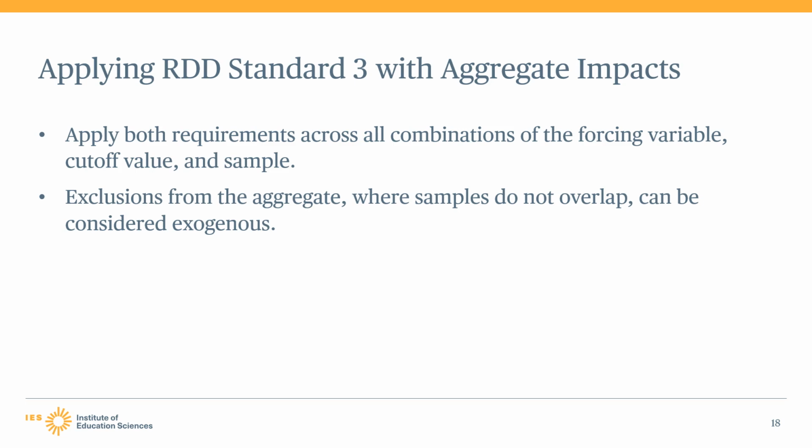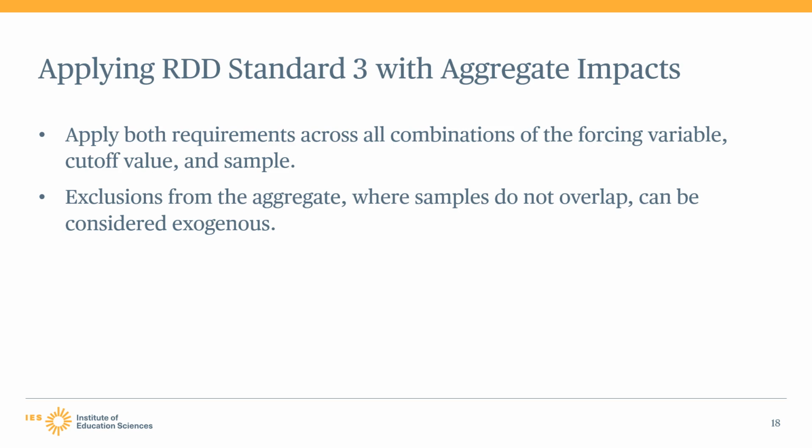And when assessing RDD Criterion 3B for aggregate impact findings, the requirements for this criterion must again be applied cumulatively across all combinations of forcing variables, cutoffs, and samples. Namely, at least 95% of estimated impacts at values of the forcing variable other than the cutoffs across all samples must be statistically insignificant.